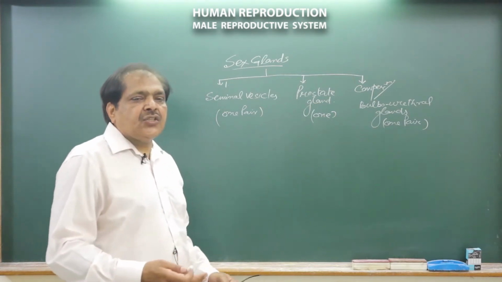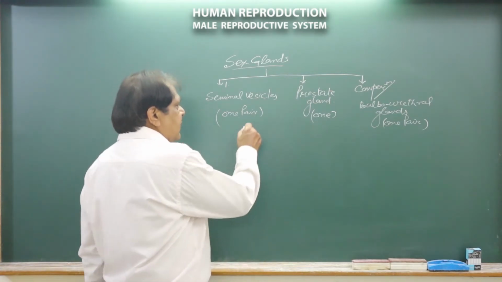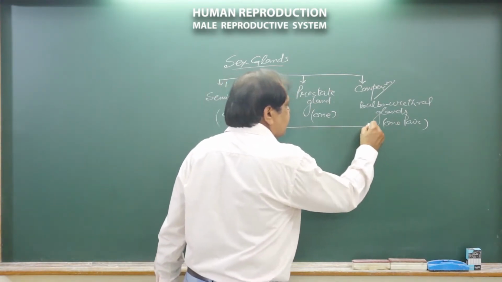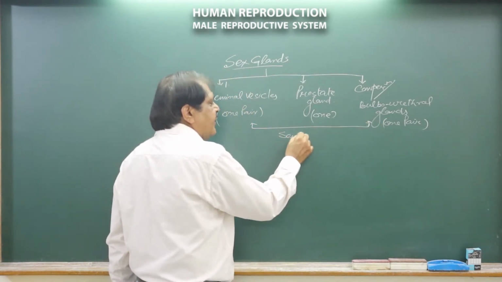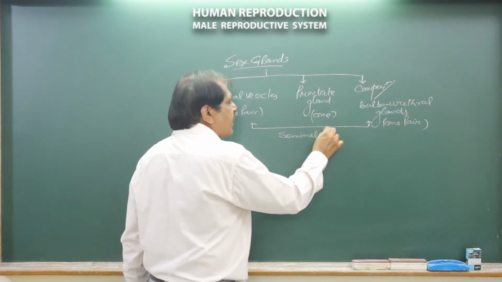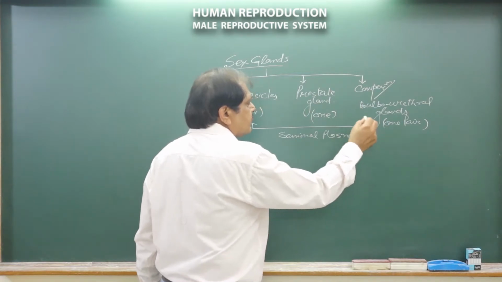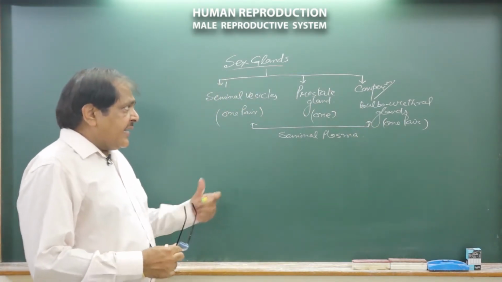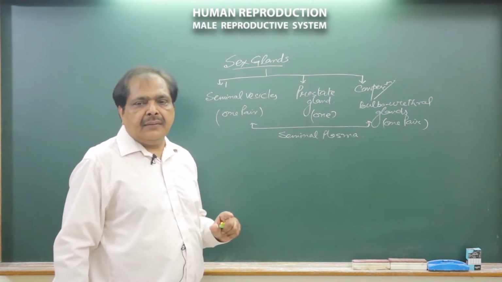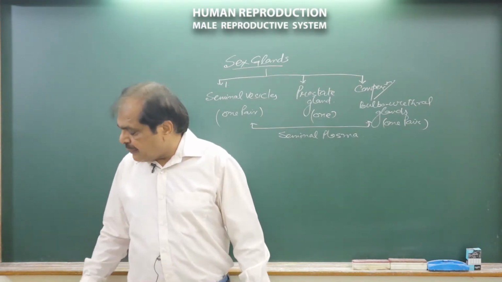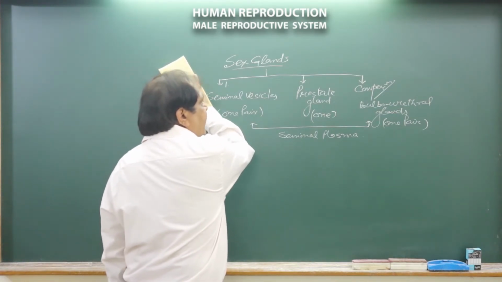The secretions of these glands are collectively known as seminal plasma. Then these secretions plus sperms, we call it semen. Now you just understand about the position of these glands. We have already drawn one diagram.